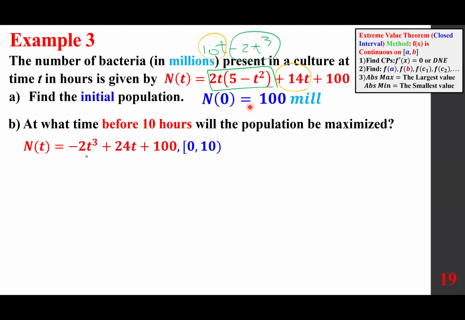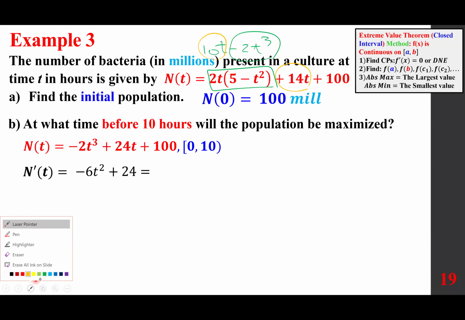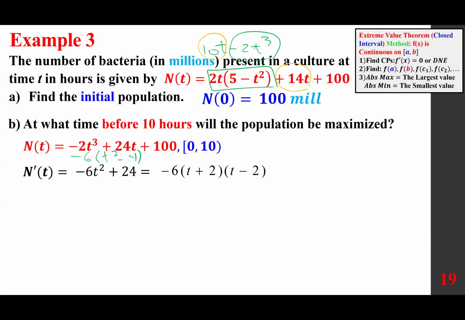N prime of t is negative 6t squared plus 24. Factor out the negative 6, you get t squared minus 4, which is t plus 2, t minus 2. You have two critical points. If you set this equal to 0, plus minus 2.